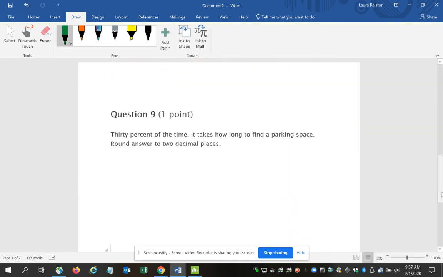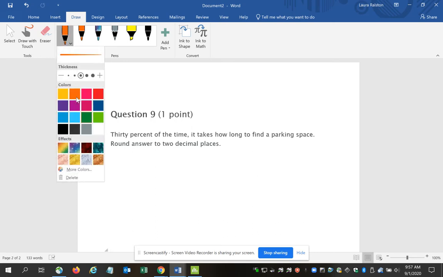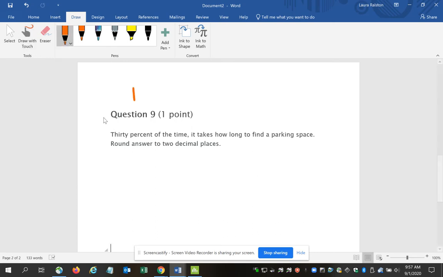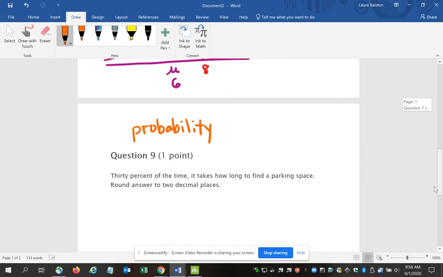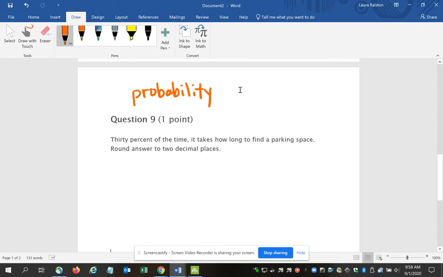Now, questions 9 and 10 are a little bit different, because in this case, you're actually given the probability. So if you want to make a distinction between questions 7 and 8 and 9 and 10, in 7 and 8 you're given the X value. So you can think of these as X value type problems. And in 9 and 10 you're given the probability.